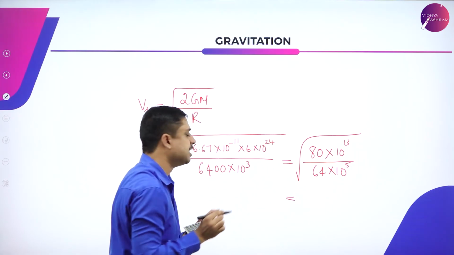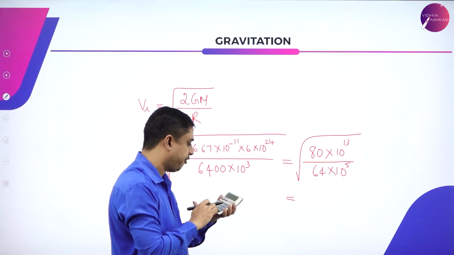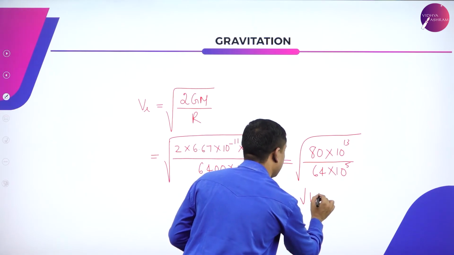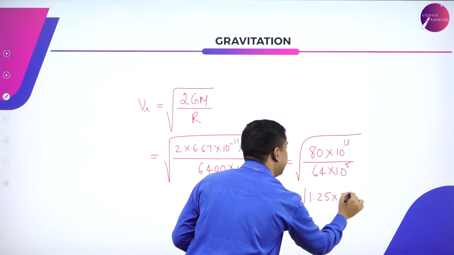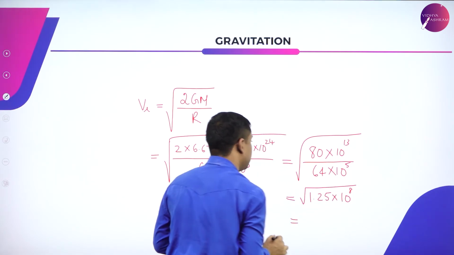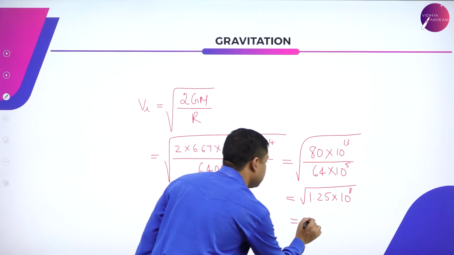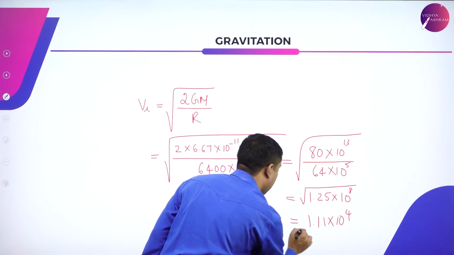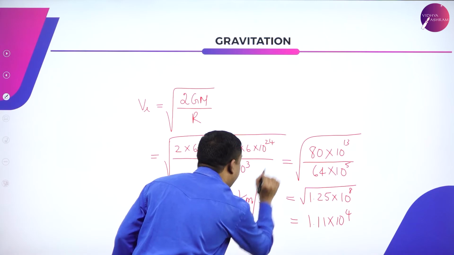I've just made this in powers of 10. 80 divided by 64. So this is root 1.25 into, this becomes minus 5. 13 minus 5 is 8. Or when you simplify, this turns out to be 1.11 into 10 power 4, or which is approximately 11 kilometer per second.